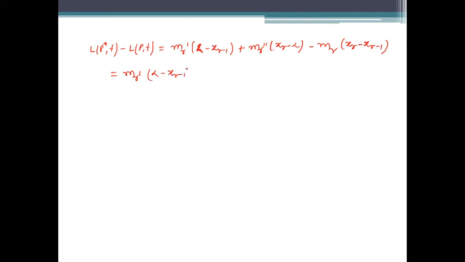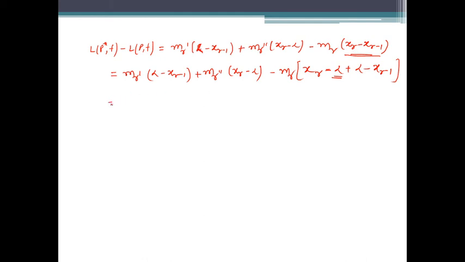We can write the last term as m r times (x r minus alpha plus alpha minus x r minus 1). So we add alpha here and subtract the same number, so minus alpha and plus alpha cancel out. So it becomes the same term again, right?